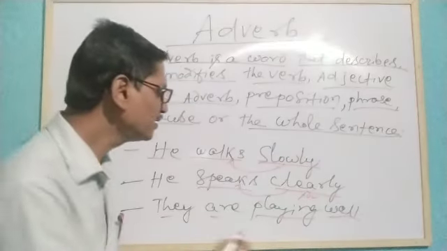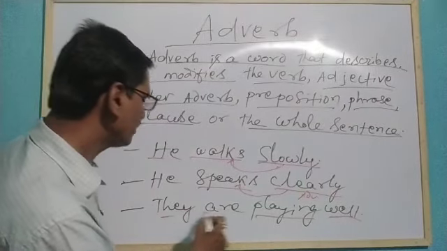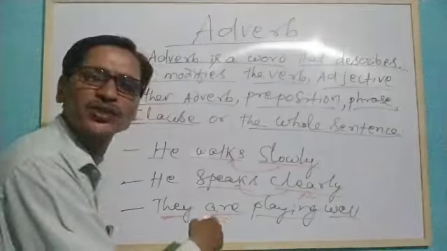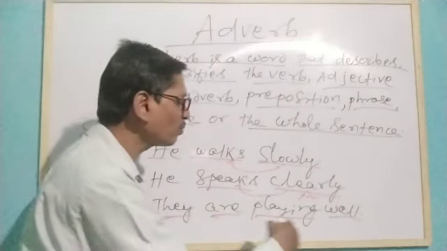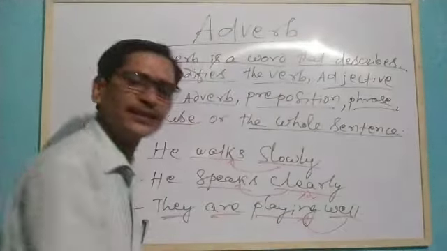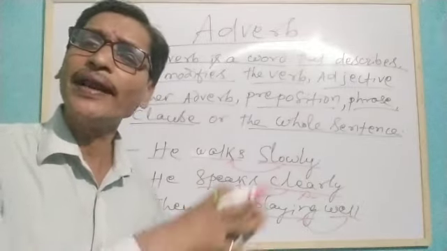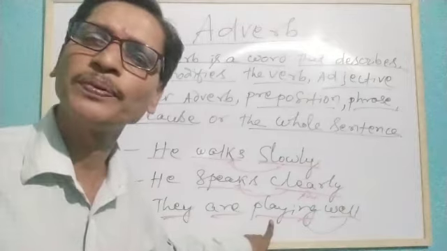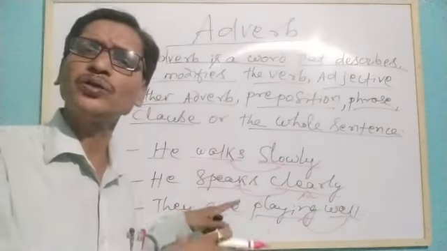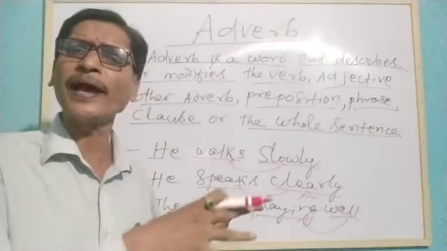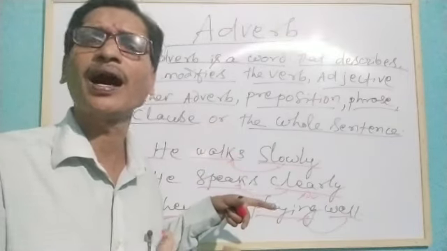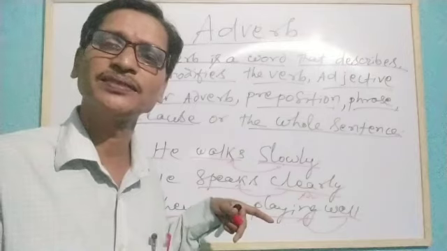Here, they is a pronoun, are is an auxiliary verb and playing is the main verb, and this well is enhancing or modifying the meaning of this verb. So we understood that words which modify or enhance the meaning of a verb in our sentence are called adverbs.